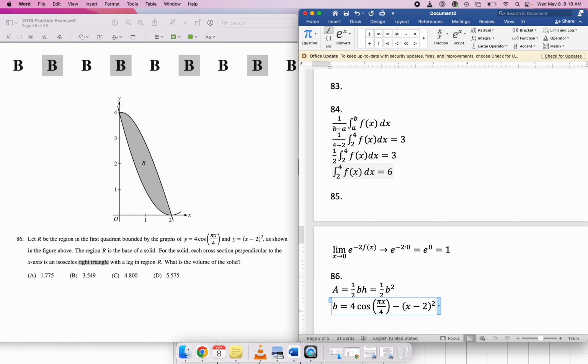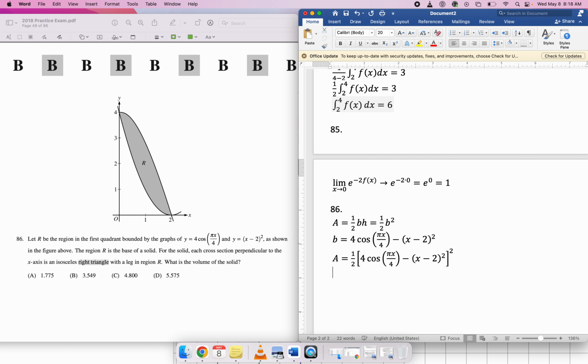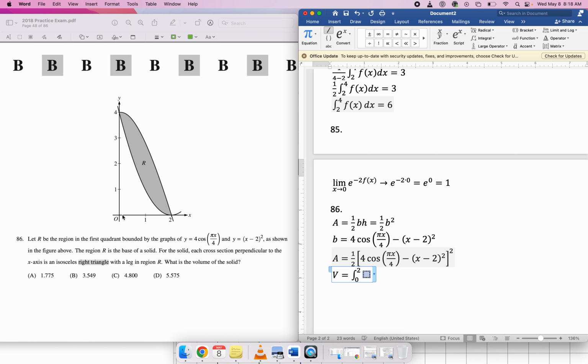So that is your b value, and that means my cross-sectional area is 1/2 that whole thing squared. Which means my volume is going to be the integral from 0 to 2, x values 0 to 2, of this whole thing, dx.